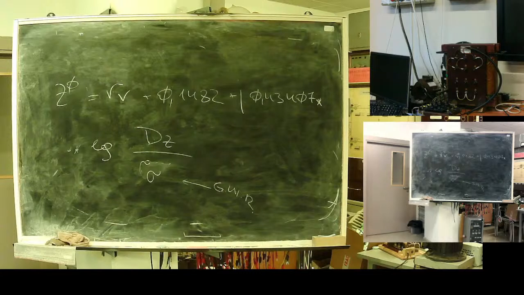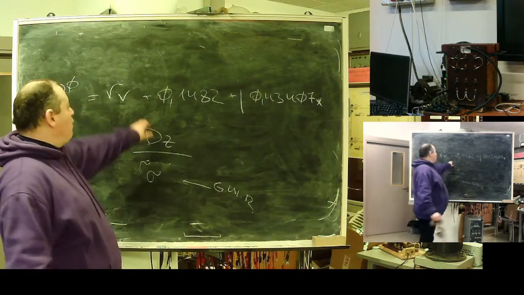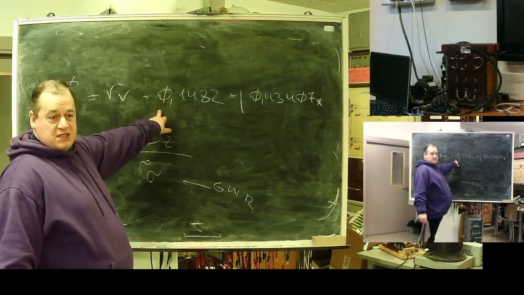My short trick, how I can get a direct sequence resistance. This formula is for zero sequence resistance.